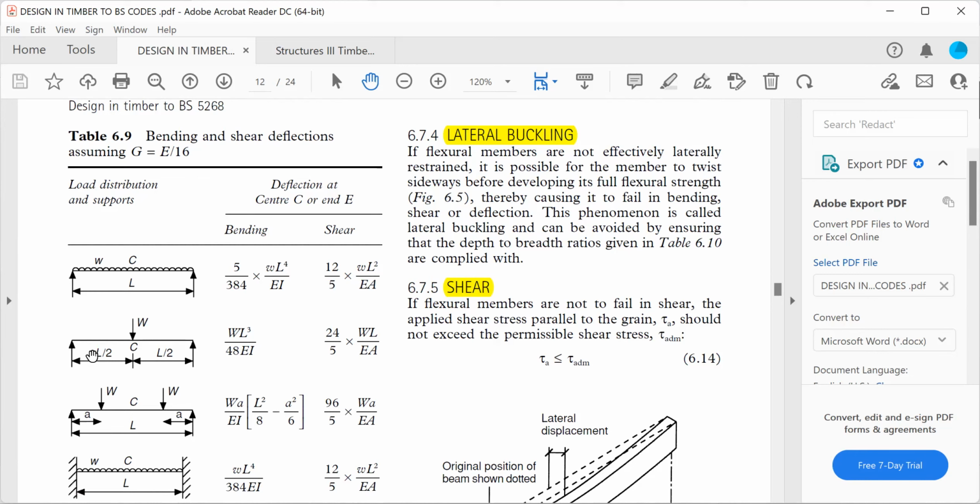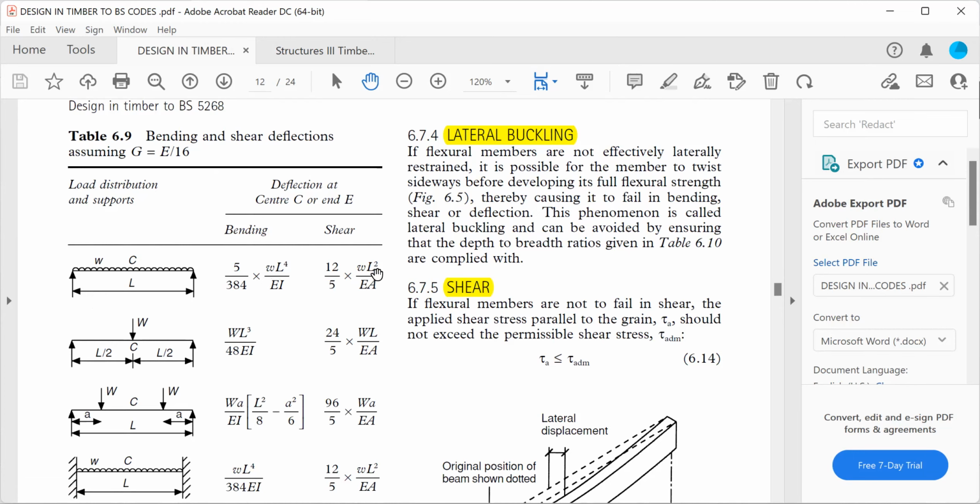But now, if W is in kilonewton, like this case here, now it will be WL power 3, not power 4. Power 4 only comes if W is per meter, yeah, like per unit length. So kindly get the difference. I'm saying if W is a uniformly distributed load in terms of kilonewton per meter, use WL power 4.